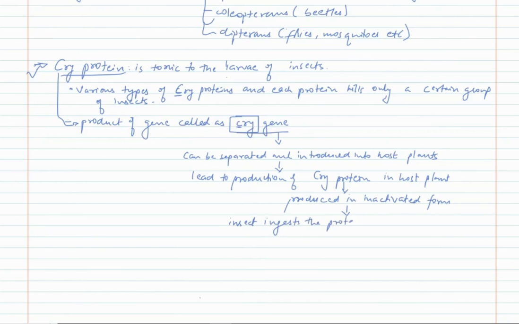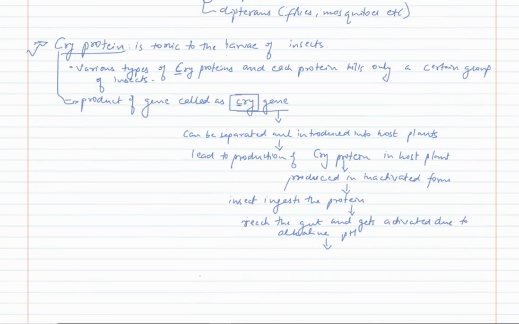this protein will reach the gut of the insect and gets activated due to alkaline pH.